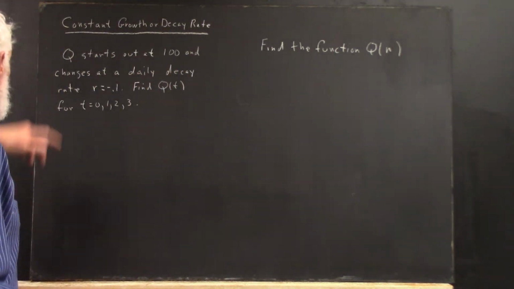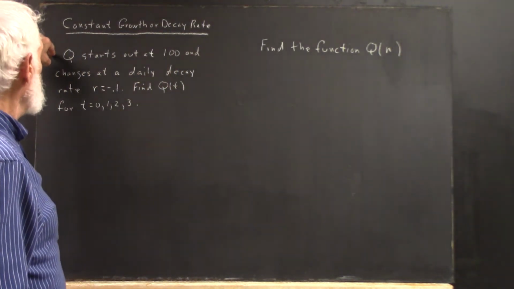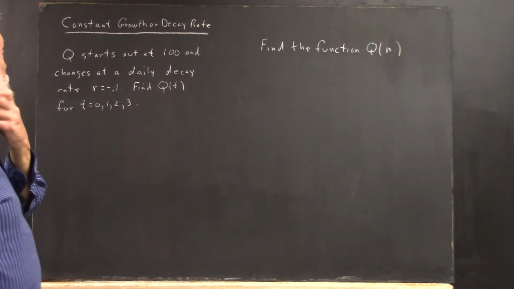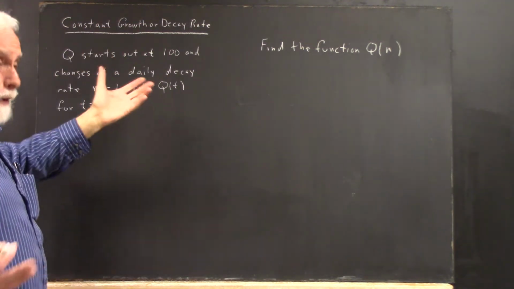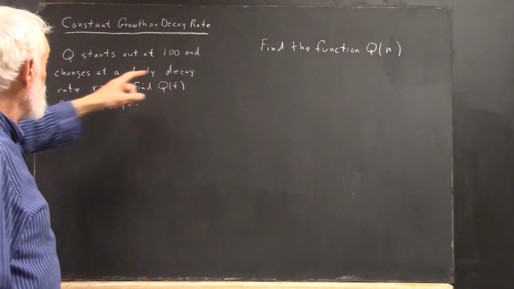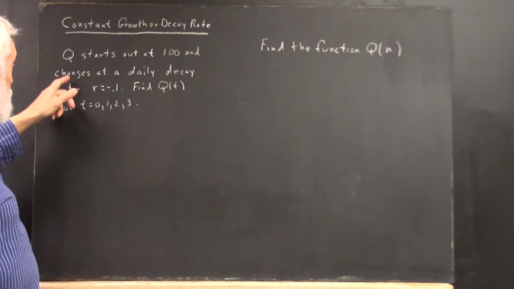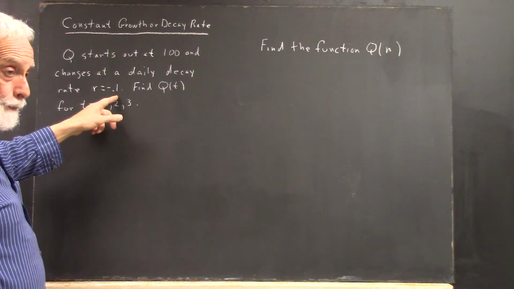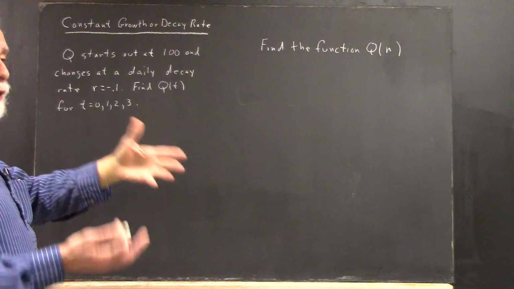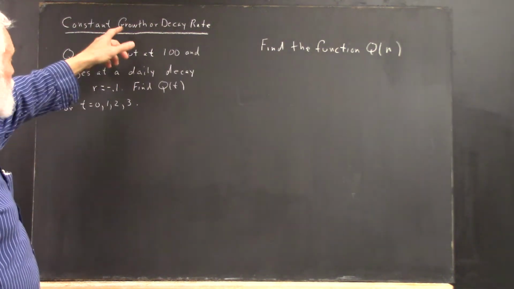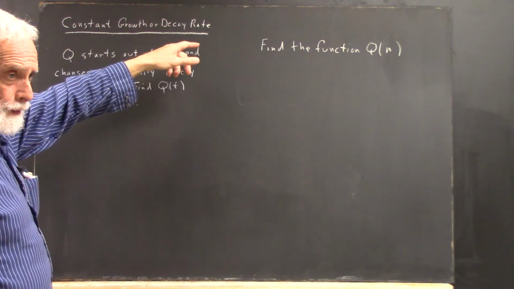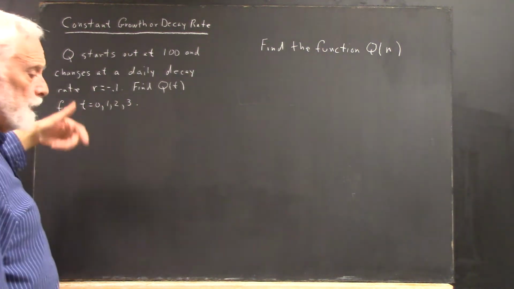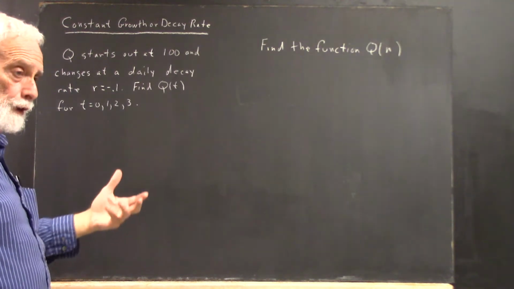Now let's suppose some quantity Q, and I'm not going to specify what quantity it might be, something hopefully important, starts out at 100 and changes at a daily decay rate r equals negative 0.1. Now, when I say constant growth rate, I really mean constant growth or decay rate. In the case of compound interest, r might have been 0.12 or 0.06 or 0.03.